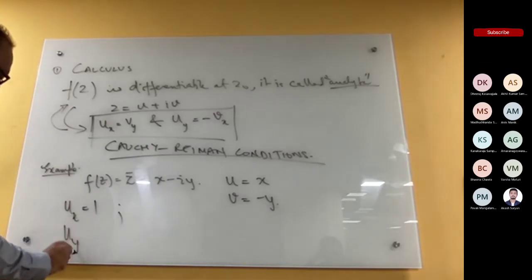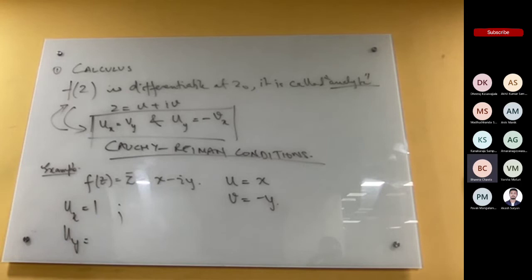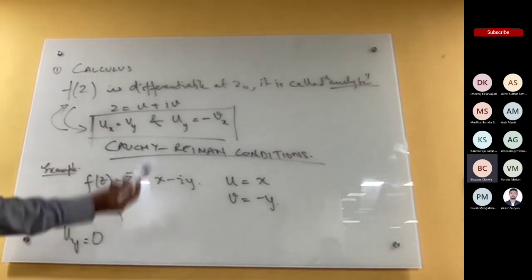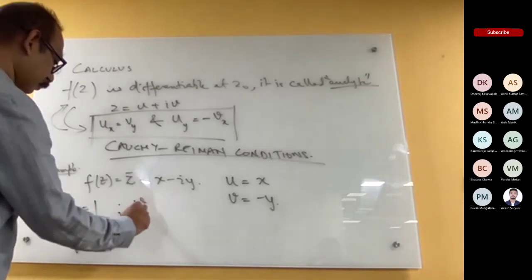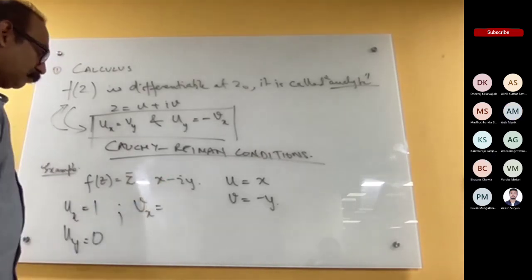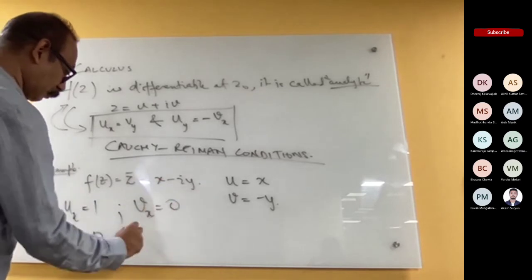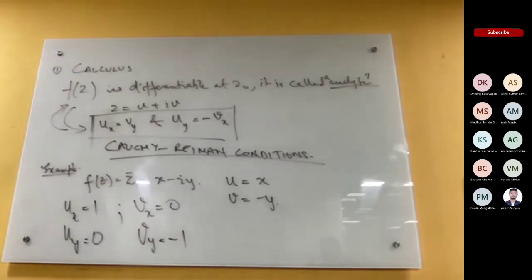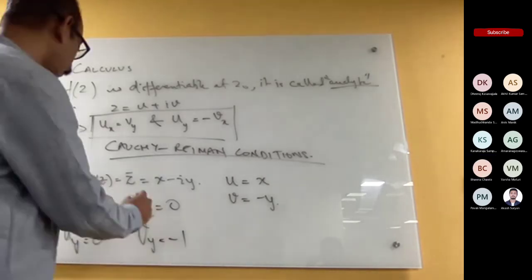What is u of y? 0. What is v of x? 0. What is v of y? Minus 1. Now tell me, Cauchy-Riemann condition: u x equals v y? No. And u y equals minus v x? No. Correct.